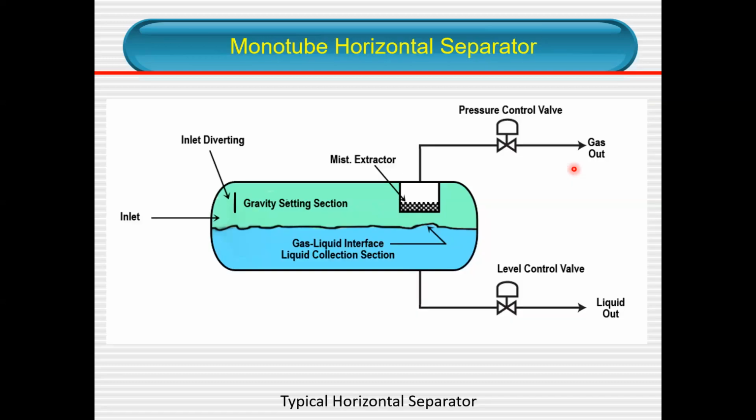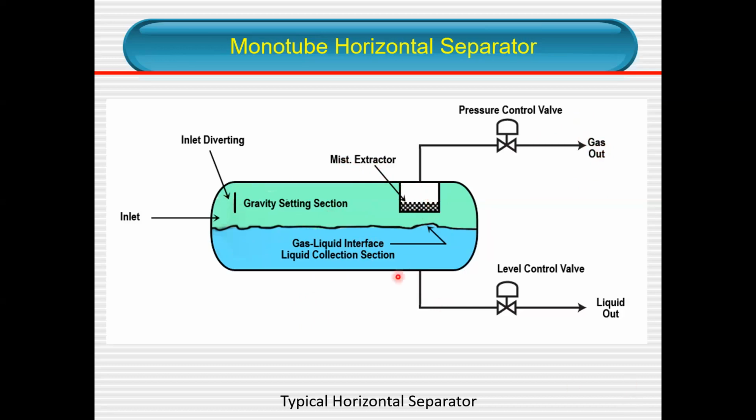Monotube horizontal separator. Again, the liquid is here. The gas will go to the top, and this mist extractor basically takes away the contaminants from the gas before you sell the crude oil or flow the gas to a pipeline to the sales point.